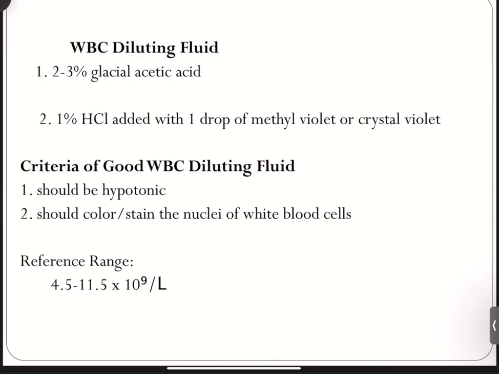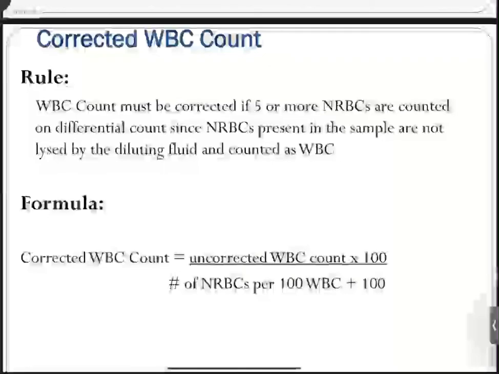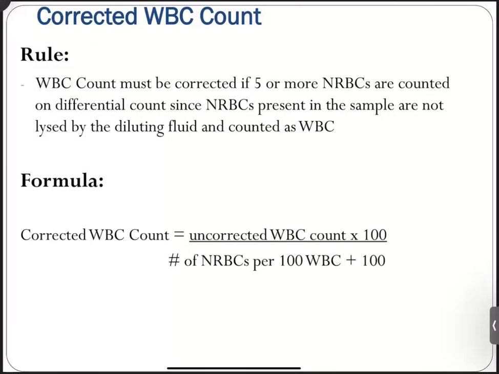Okay, the reference range is 4.5 to 11.5 times 10 raised to 9 per liter. Next, the corrected WBC count. You correct the WBC count for interference from NRBCs, or nucleated RBCs. More than 5 nucleated RBCs found in your smear can affect the counting of WBCs, because they resist hemolysis in hypotonic solution, and their nuclei are being stained.